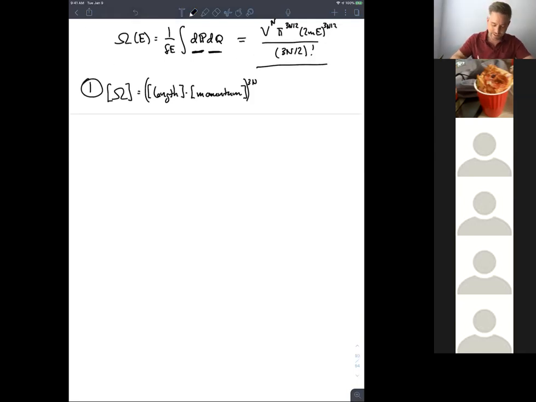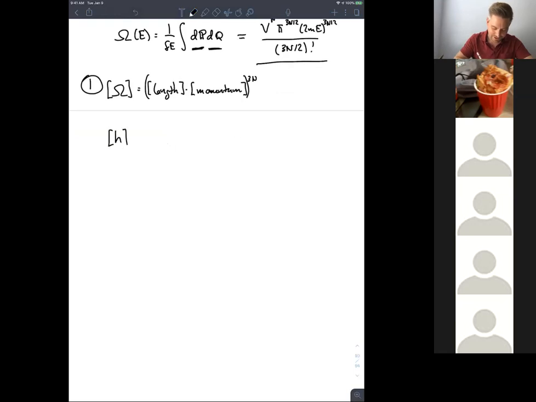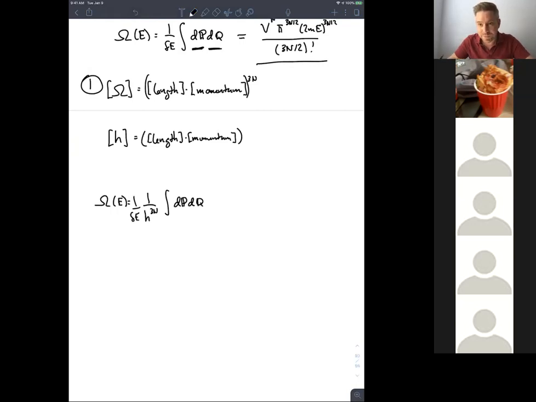And it turns out that h, Planck's constant, has units of length times momentum. So instead of calculating the density of states as we did before, if we calculate it with a factor of 1 over h to the 3N, that will give us a dimensionless number.